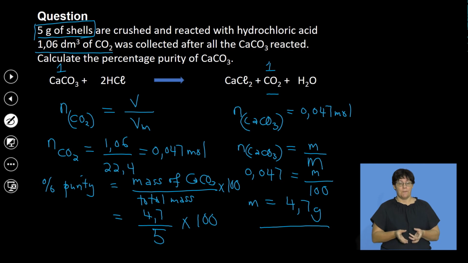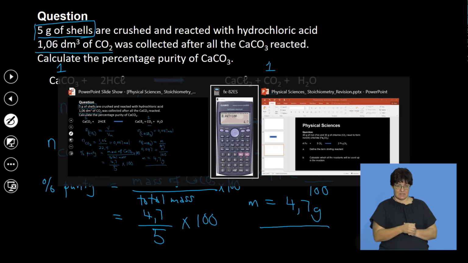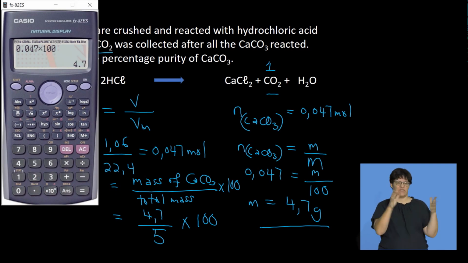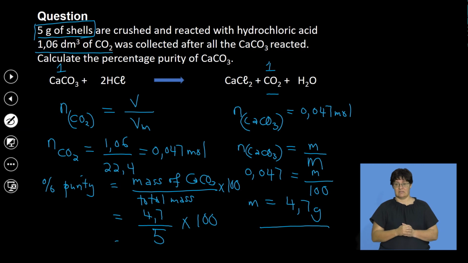So if we go to our calculator, this is the easy part because we've done all the science. Now it's just the calculation that's left. We have 4.7 divided by the total mass of the sample, which is 5. We multiply this by 100. This gives us 94%.